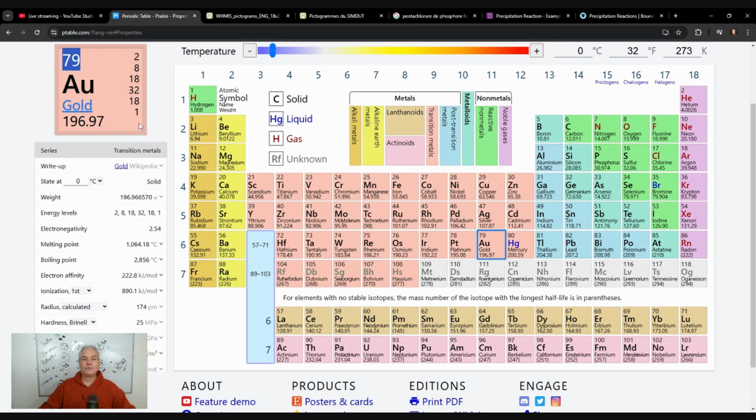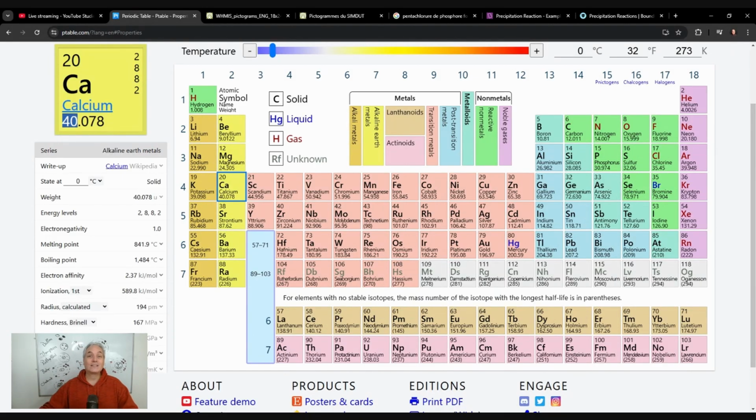The next one is what we call the atomic mass right here. The atomic mass is the average of the masses of all the isotopes of a specific element. So if you have, for example, 40.078, that means that most of the calcium isotopes have 40 as a mass number.